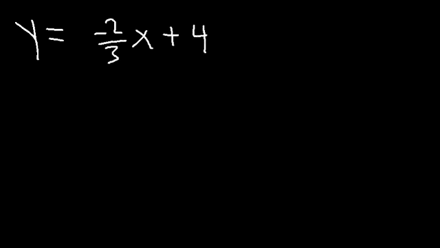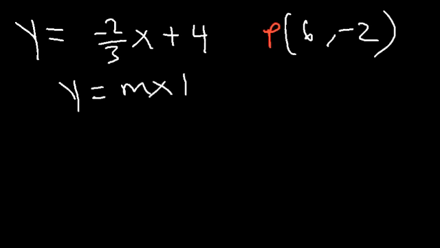So here's the final example for today. y is equal to negative 2/3 x plus 4 with the point (6, negative 2). Go ahead and write the equation of the line that's perpendicular to the line y equals negative 2/3 x plus 4 and passes through the point (6, negative 2). I'm going to use the slope-intercept form again, y is equal to mx plus b.